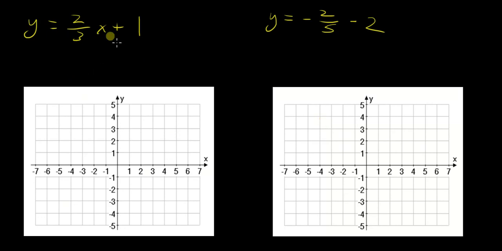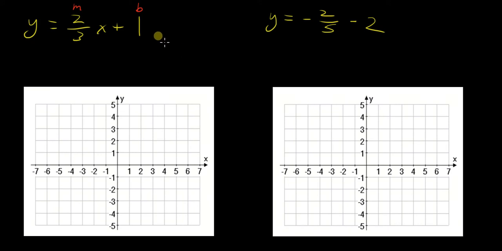Okay, on this one, my fast point, first of all, what's m here? Well, m is 2/3. What's b here? It's +1. Up to now, b has been 0. There hasn't been anything other than nothing out here, and so we know b is 0.